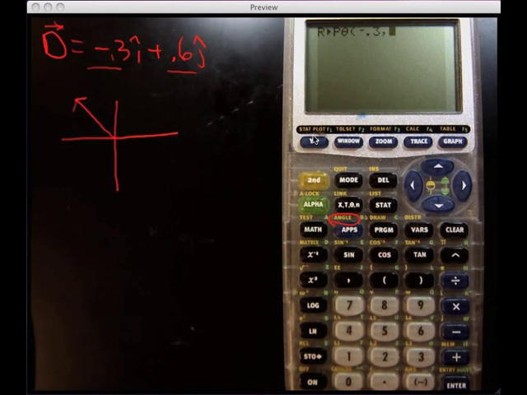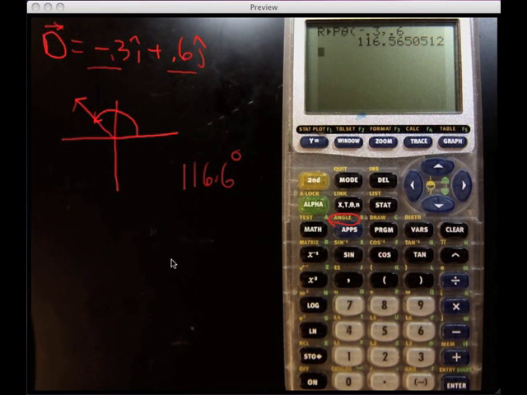Yes, there's a comma button on the calculator. And then 0.6. Then I hit enter, and it tells me 116.6. And if you look back in the video, that was our answer. And that is this angle, and that's the one that WebAssign's happy with.